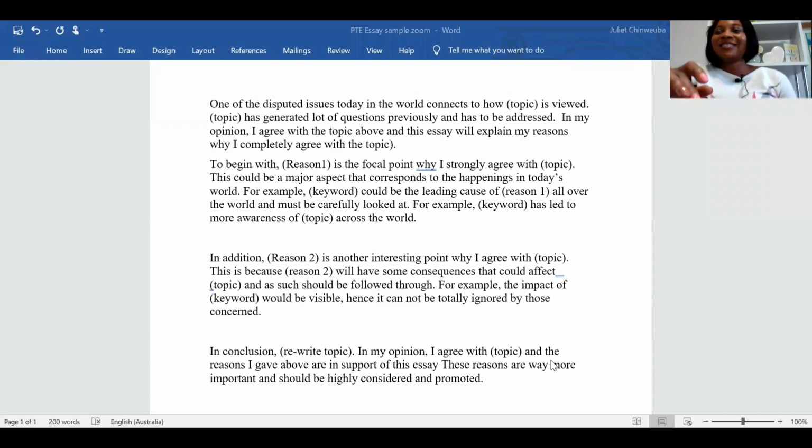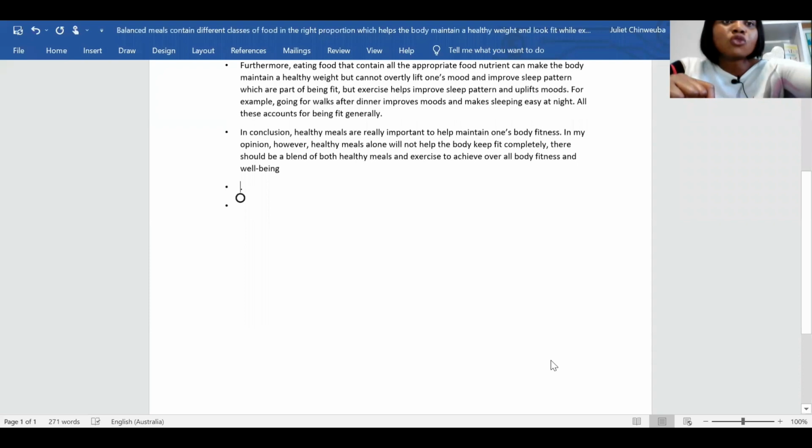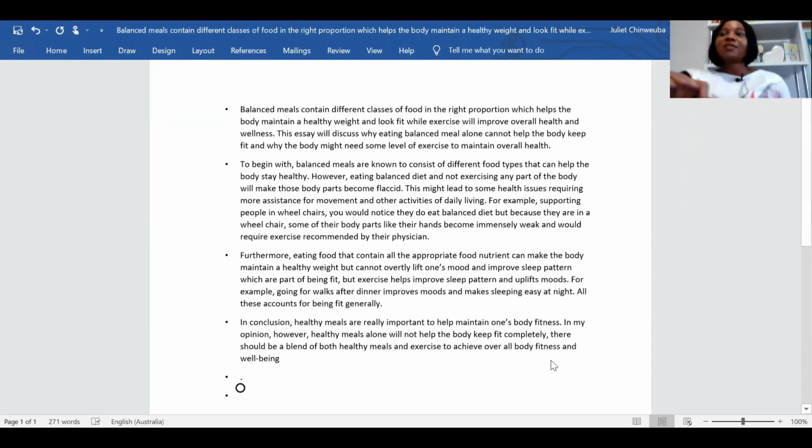Oh, still not that one. Share screen. Okay, finally got the one. So this is it. This is a 271 word count. Sorry, guys, I showed you the wrong slide because so many documents are open on my system, but this is it. So at the end of the day, I have a 271 word count.